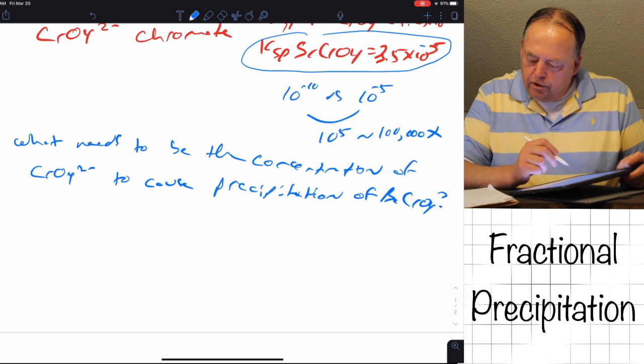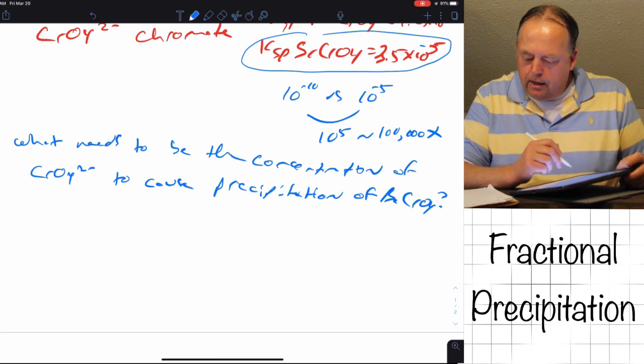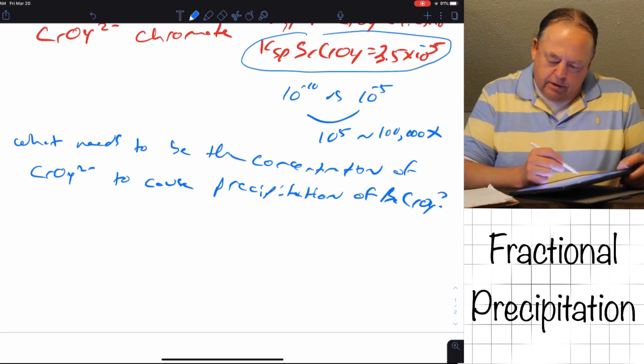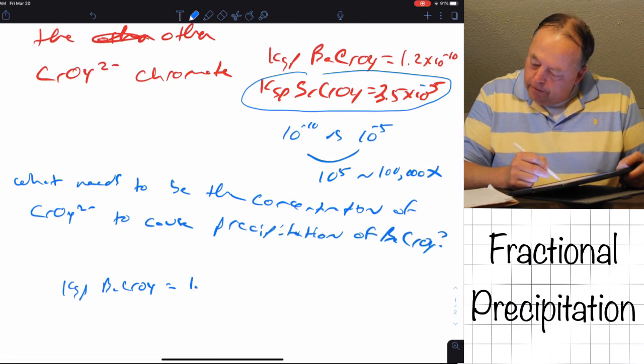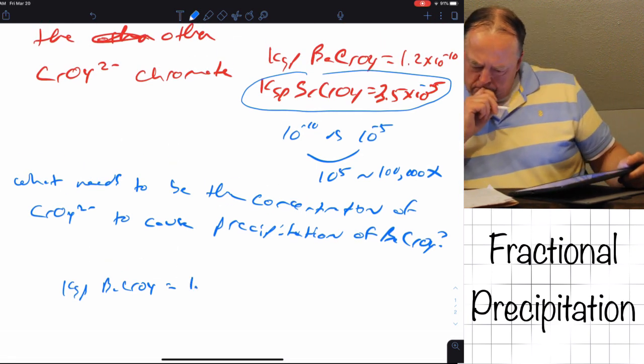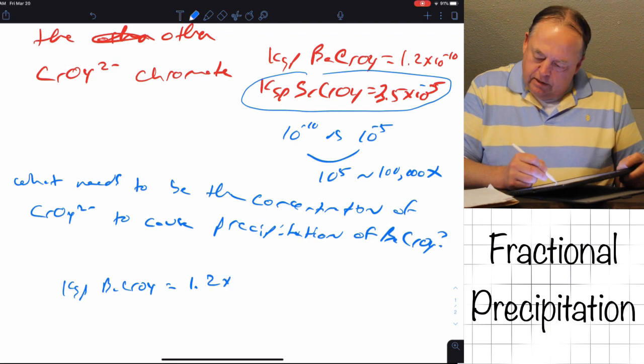Okay, so if you want to know what the concentration of chromate needs to be to cause the barium to precipitate, KSP for barium chromate equals 1.2 times 10 to the minus 10.